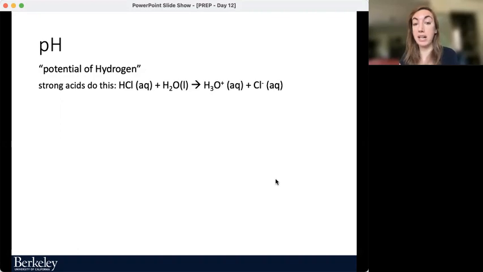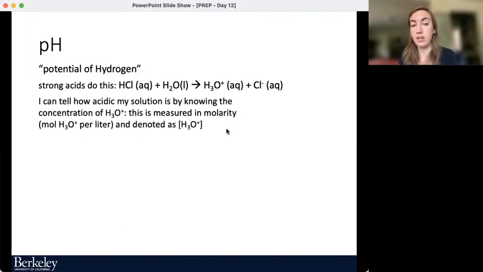Just as a reminder, my strong acids, HCl for example, will go through this reaction. If it's a strong acid, I'll end up with a lot of H3O+. So I can tell how acidic my solution is by knowing how much H3O+ I ended up with. If I have a lot of H3O+, then a lot of this reaction happened.